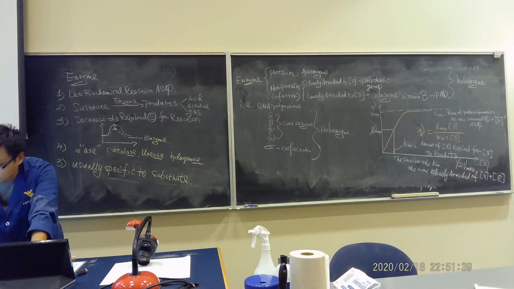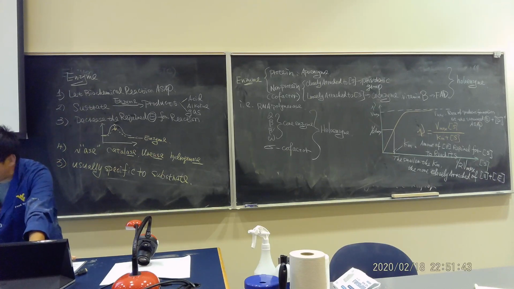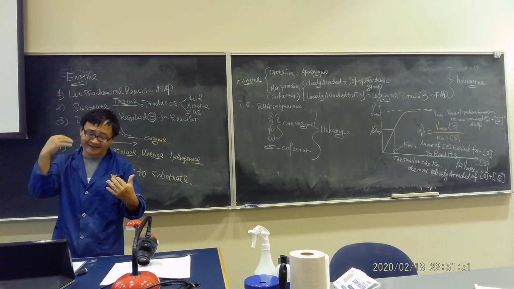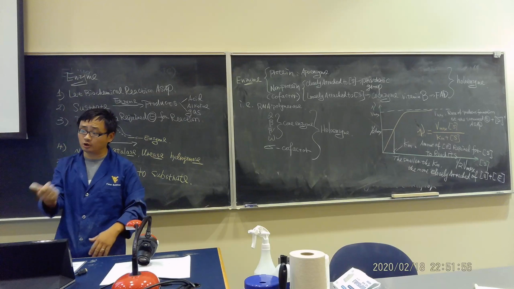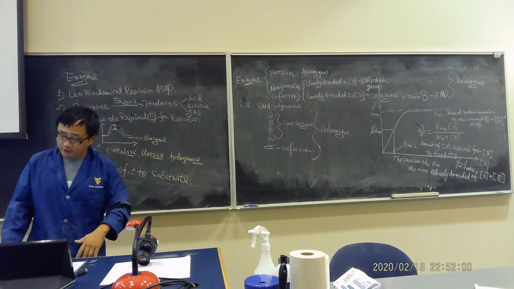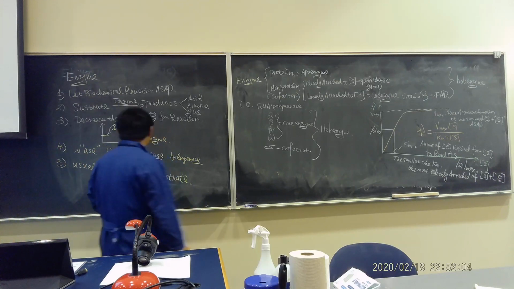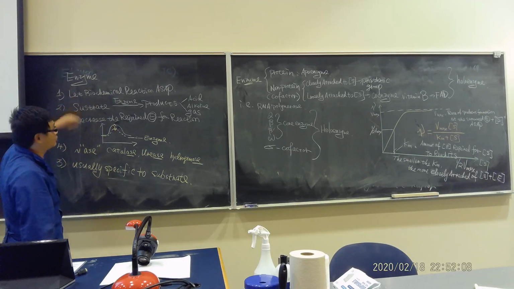Now, there are lots of models to describe the reaction between substrate and enzyme. The first one is called the lock and key model. The enzyme is like a lock, the substrate like a key. You combine, you react, like you use a key to open a door. This is simple. Based on this model, people found what affects the enzyme.